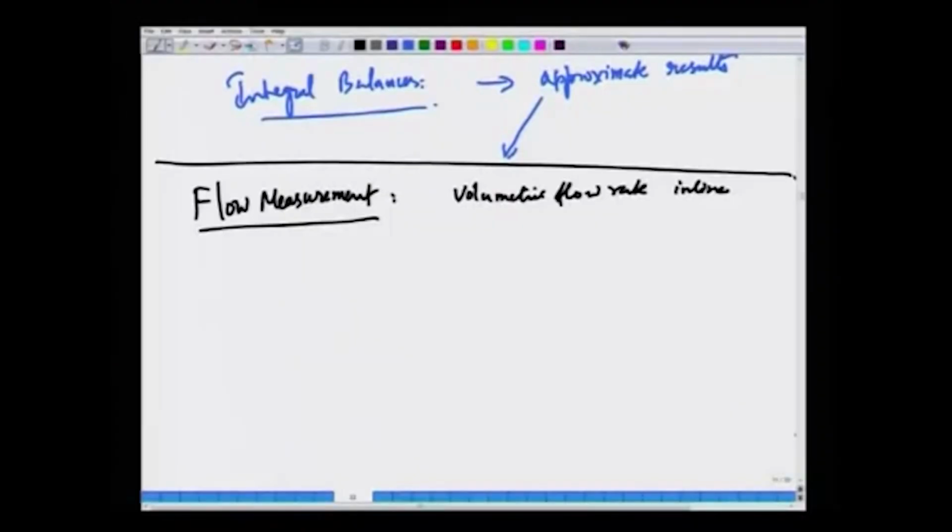Okay. The question is, how are we going to measure the flow rate as it is flowing through a pipeline network to an equipment such as a chemical reactor? Well, one simple way to measure flow rate is to go to the end of the pipeline system and collect the fluid that flows over a particular amount of time.